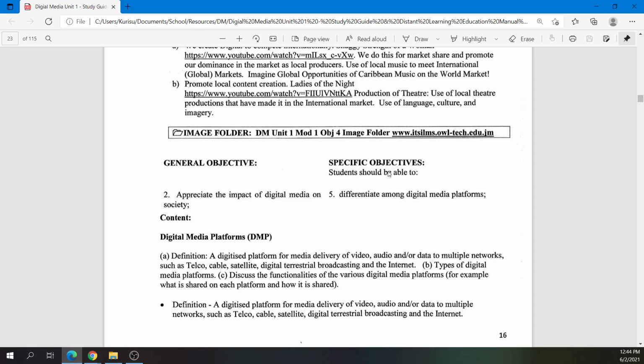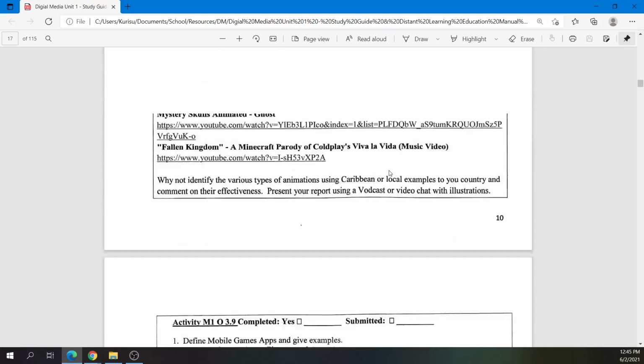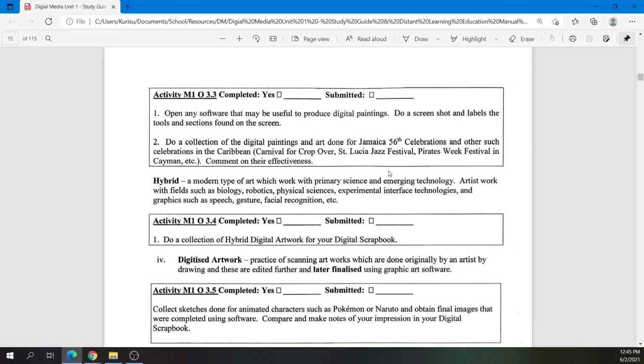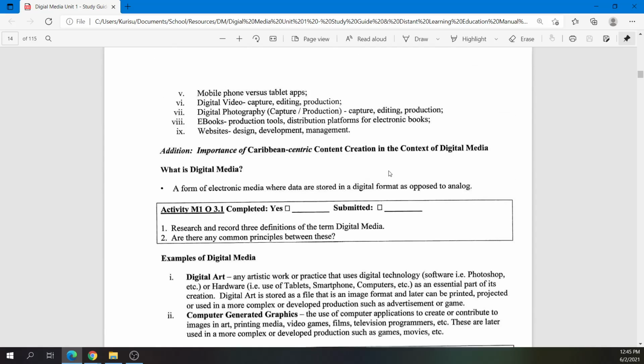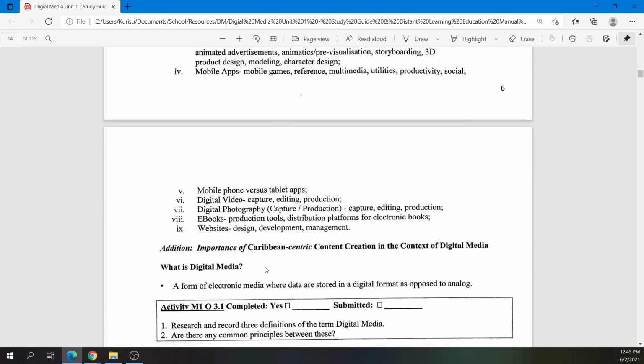So as I was going to say before, digital media is not only the study of the different types of digital media that we looked at: art, audio, animation, apps, videos, photography, ebooks, websites. It's not only about learning about the different media.